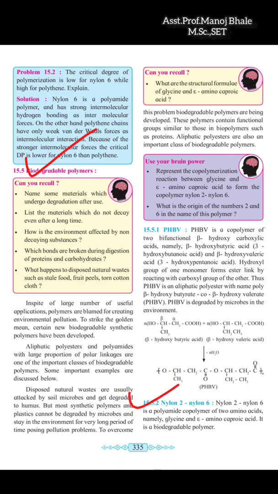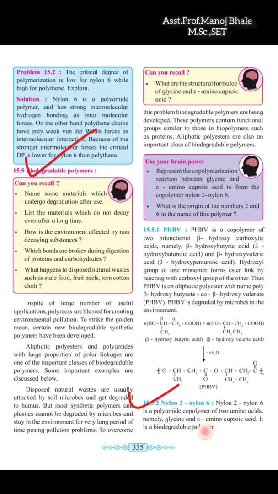The next point given there is nylon 2,nylon 6. Nylon 2,nylon 6 is a copolymer of two amino acids, glycine and aminocaproic acid, and it is a biodegradable polymer prepared here.